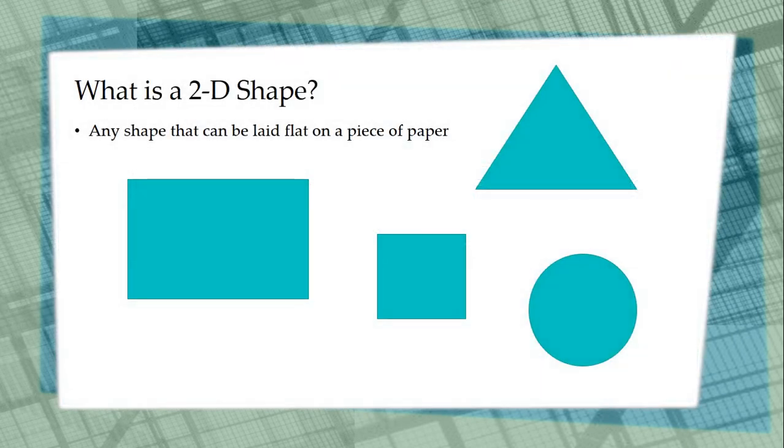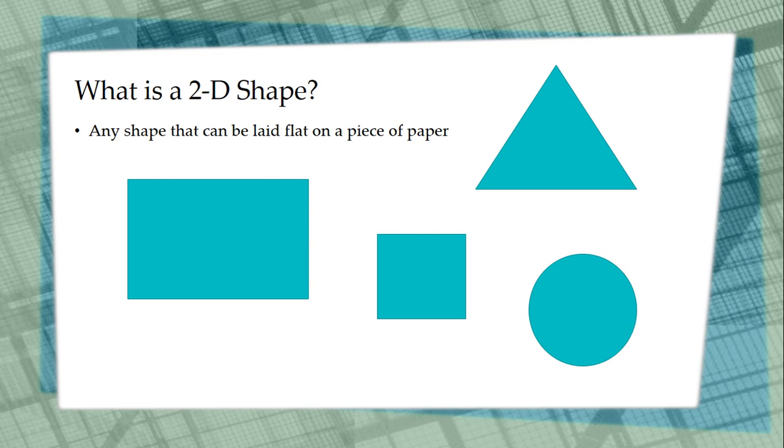So, what is a 2D shape? Well, you guys know this. If you don't, I'm very worried. But a 2D shape is any shape that can be laid out flat on a piece of paper. So these are examples of 2D shapes. We have rectangles, squares, circles, triangles, pentagons, octagons, hexagons, everything, okay?